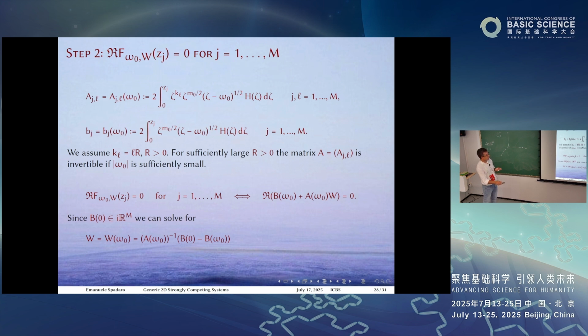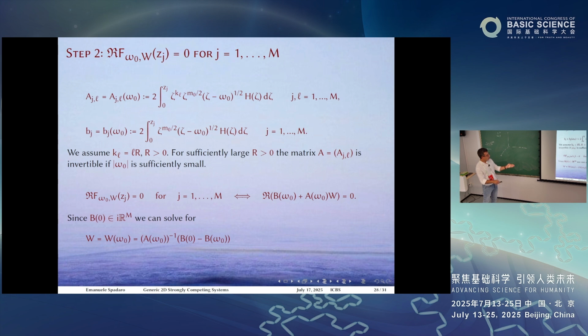So this means that this system here can be solved. We need this vector b plus aw to be a complex number. We know that b0 is a complex number because b0 is the one coming from our Hopf differential, which was corresponding to a solution where all the real parts were zero at this critical point. So our solution W is A minus 1 times b0 minus b omega 0.